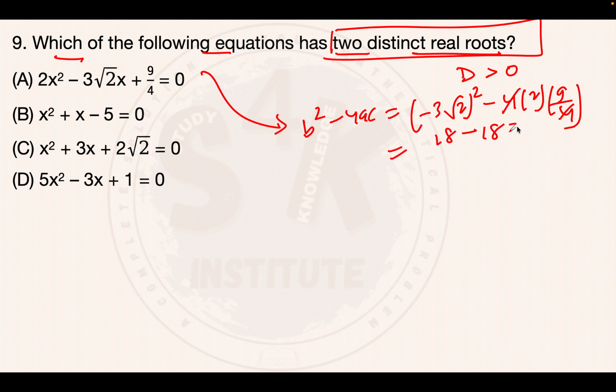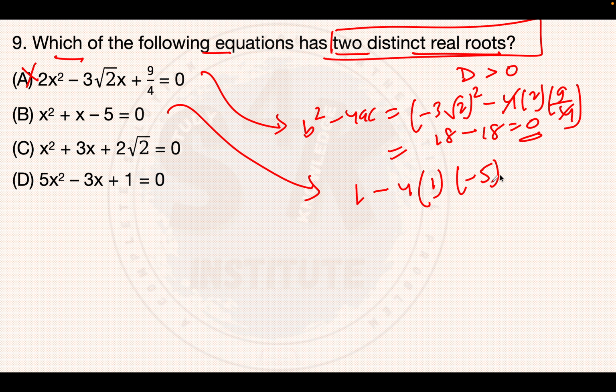So this has equal roots, so this is not the case. Now we have 1 minus 4 into 1 into minus 5, that will give you 21. This is greater than 0, so this will give you real and distinct roots. So the answer should be B, but see why C is not the answer.